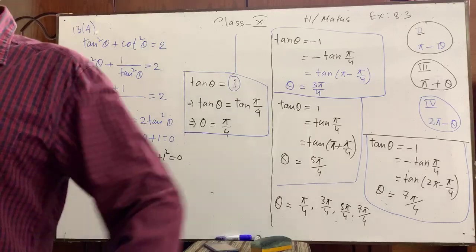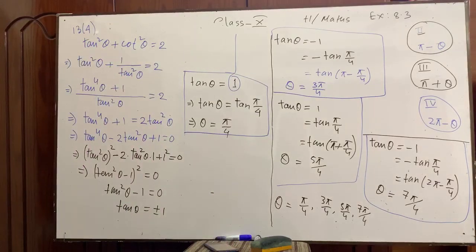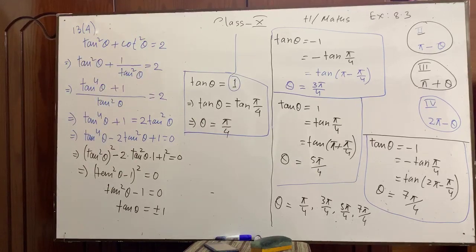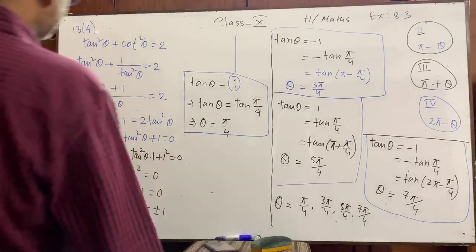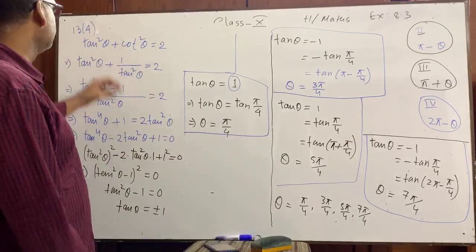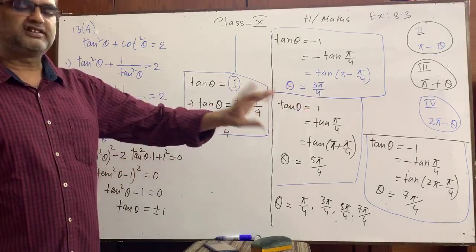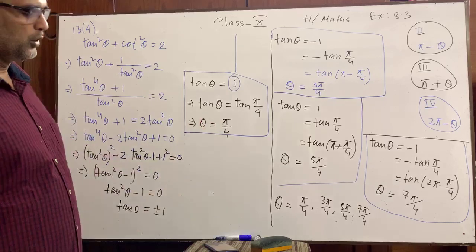So question number 4 of 13 is wholly and fully written on the board. You can get it from the board. No difference between question number 13.3 and 13.4 from this part. All those four parts are the same.